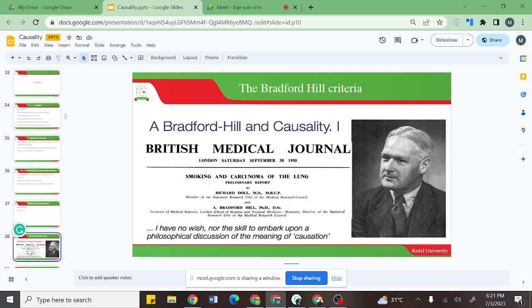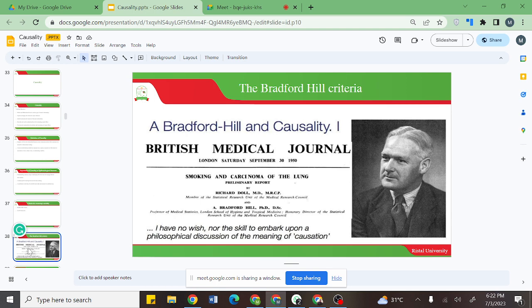Bradford Hill is the name of a person. He was born in the UK, and he died, I think, around 1991, if I'm not mistaken. He was an epidemiologist.